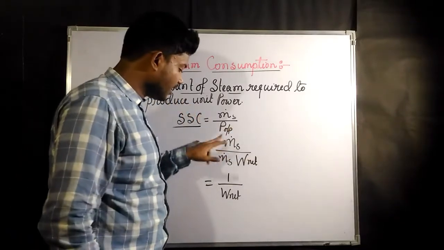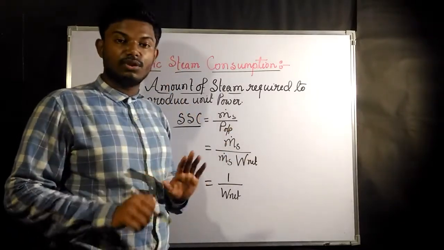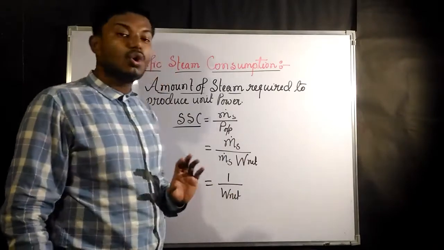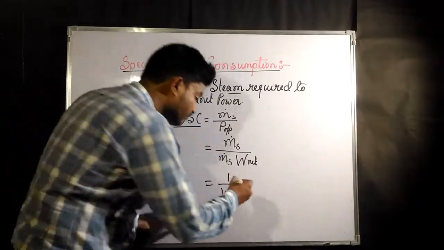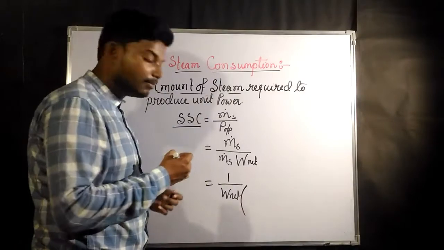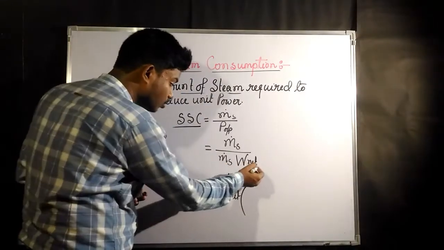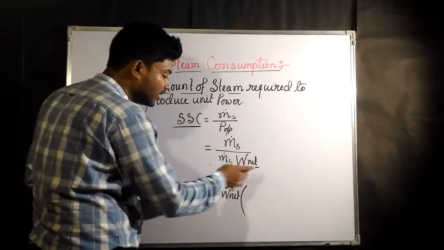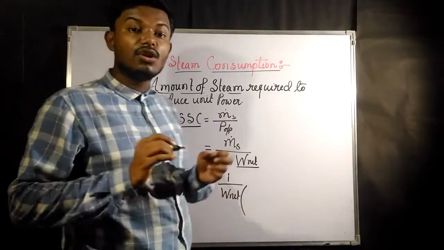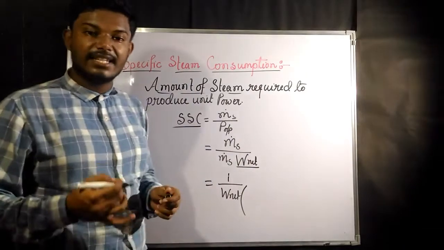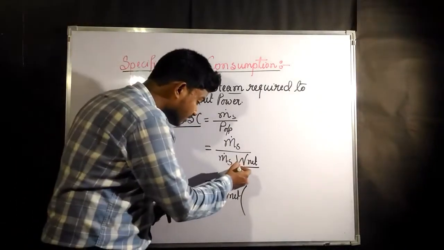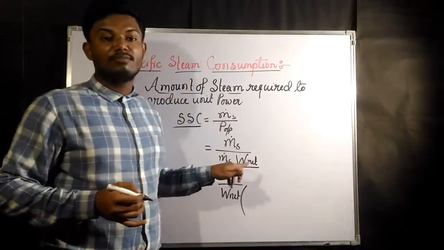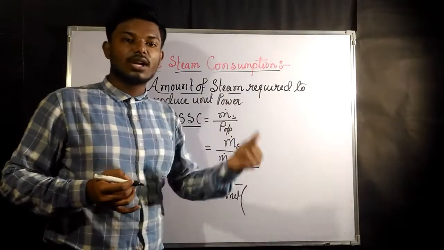From here the mass of steam and the mass of steam are going to get cancelled out, so the remaining thing is 1 by W net. Since m_s is not there and only W net is there, that is nothing but work done per unit kg, because with the multiplication of mass of steam it was total work done.